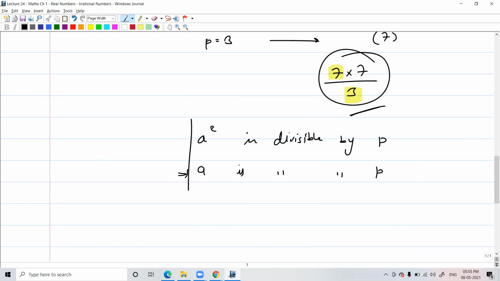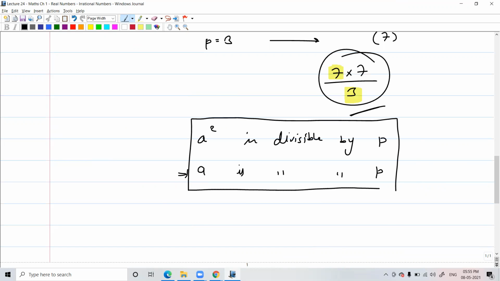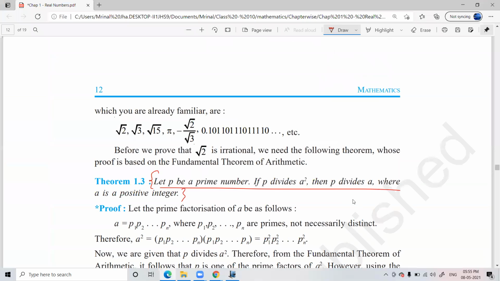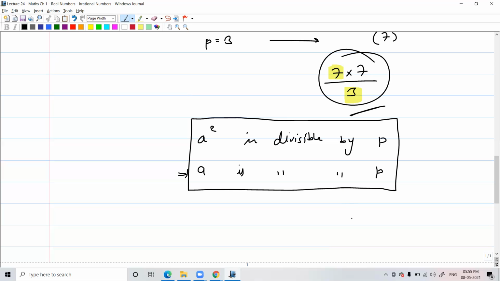That is always a prime number. Yes, this rule is valid for prime numbers like p. We are learning a theorem, no? We are learning a rule. So this rule is applicable when p is a prime number.